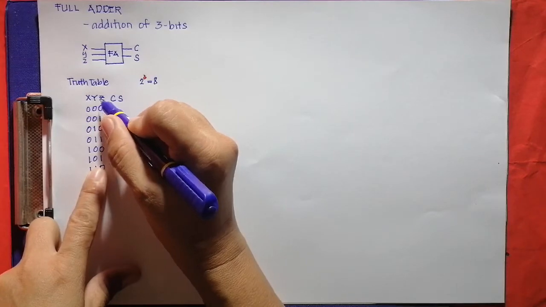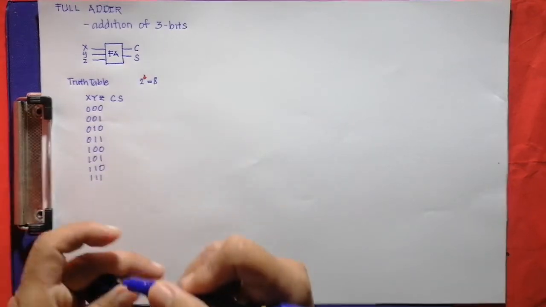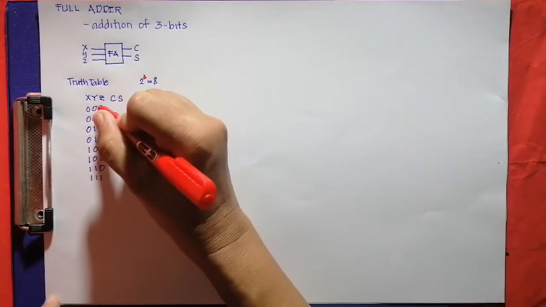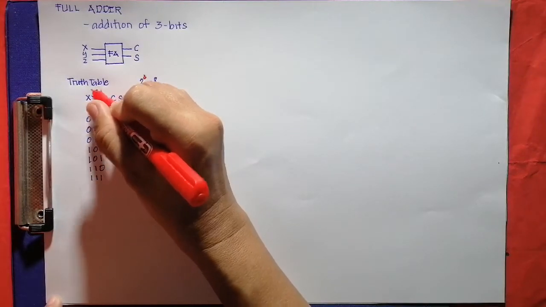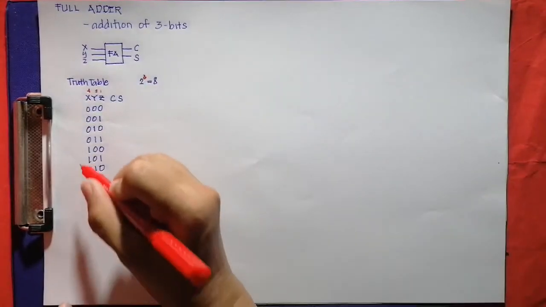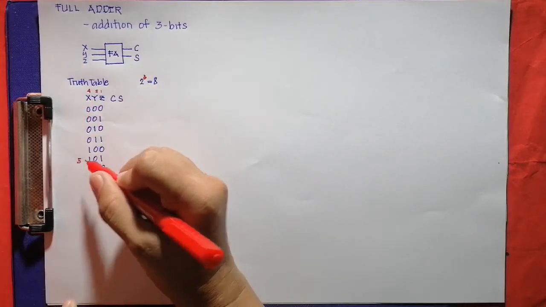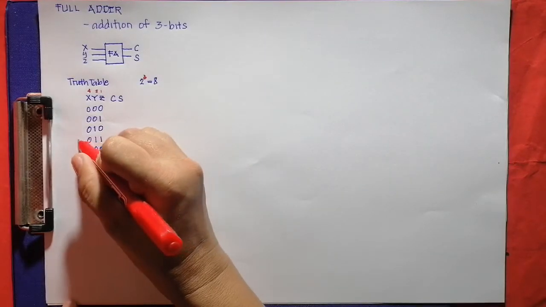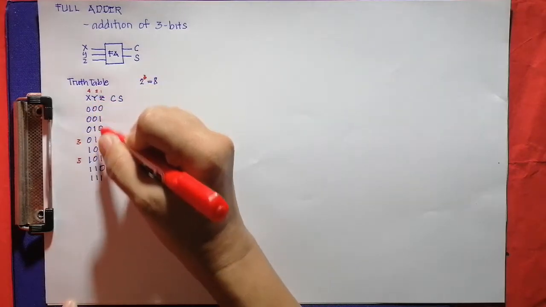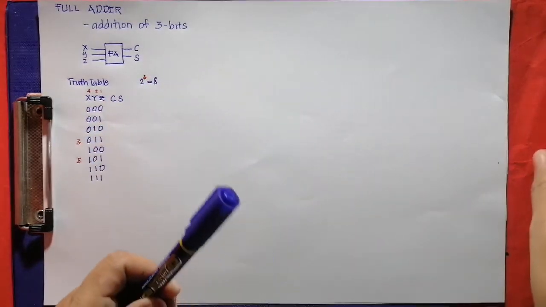This is 2 to the 0, 2 to the 1, 2 squared, or simply that is your 1, 2, and 4. That is why this is 5, because 1 plus 4 is 5. Again, this is 3, so 1 plus 2 is equal to 3.